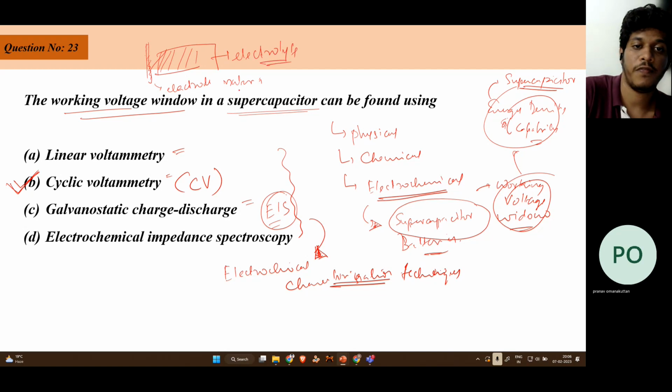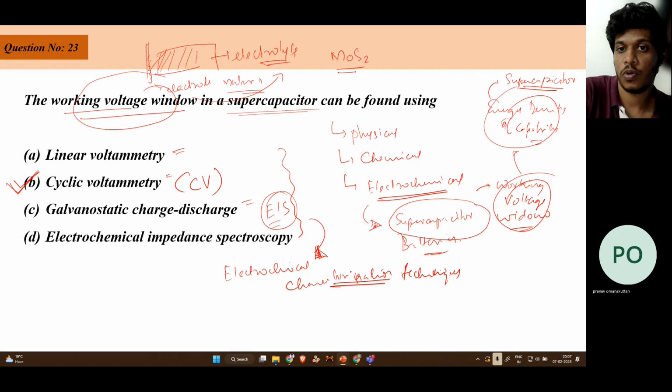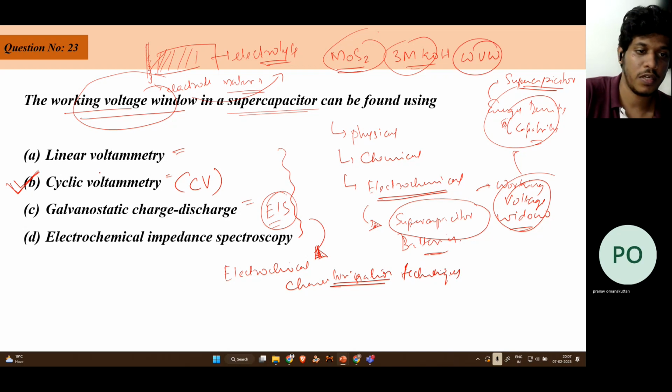So a particular kind of electrode material would have a particular voltage window in a particular electrolyte. If you have an electrode material, say molybdenum sulfide MoS2, dipped in 3 molar KOH, for example, that would have a particular working voltage window, and that can be measured using cyclic voltammetry, which is also called the CV.